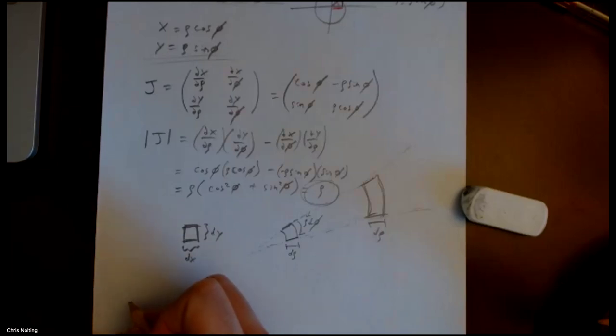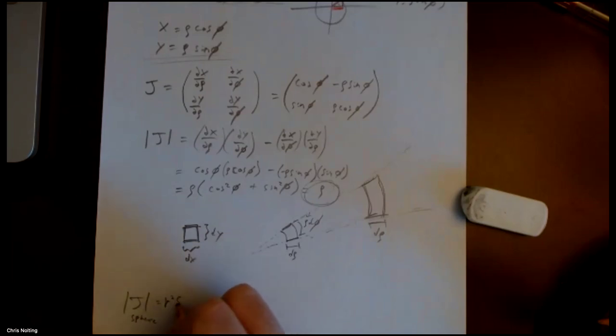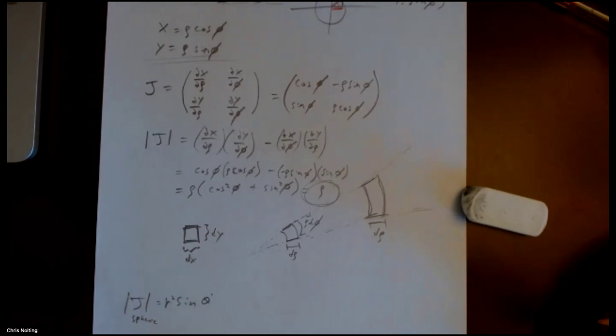And if we had done the exact same thing for spherical coordinates, we could have ended up deriving the fact that the Jacobian matrix determinant for spherical coordinates is r squared sine theta, theta being the polar angle.